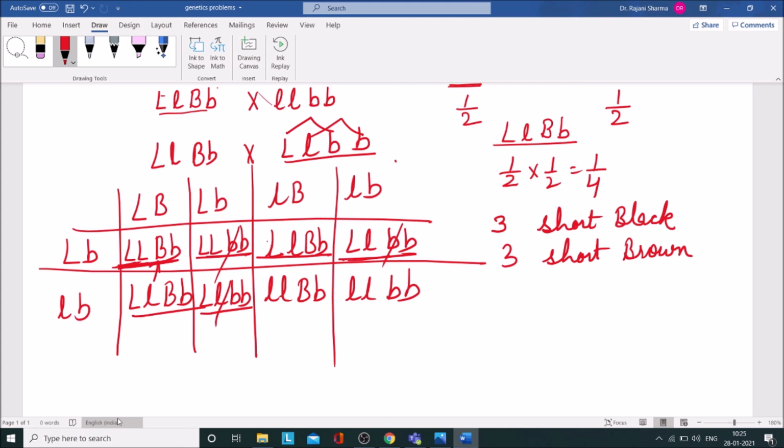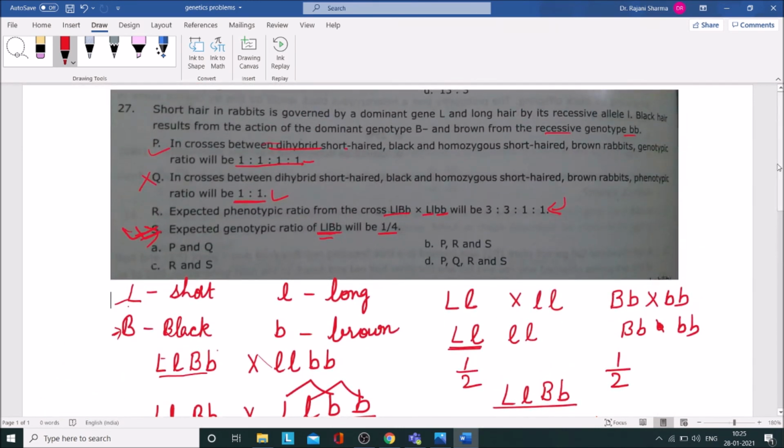Now here this will give you long hair with black color and here long hair with brown color. So this is 1 and 1. So definitely the third statement, which is the expected phenotypic ratio of the cross between this and this, will give you 3:3:1:1. So the answer will be B.